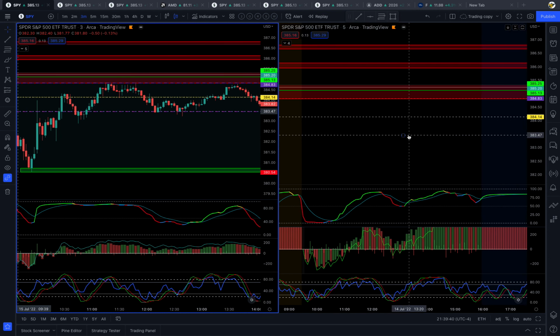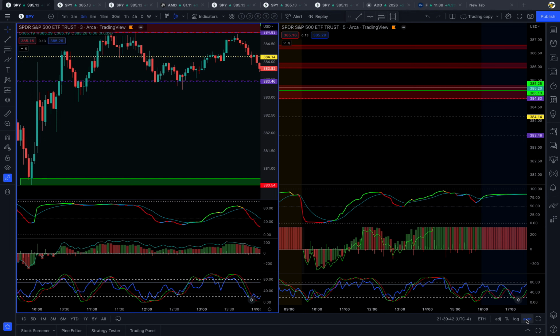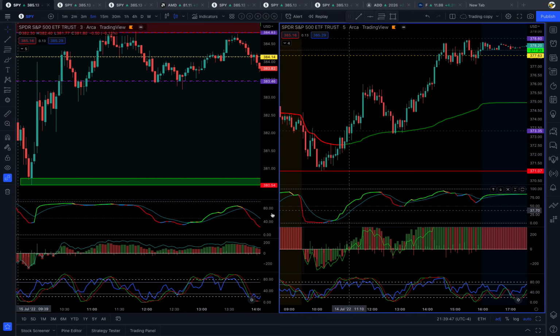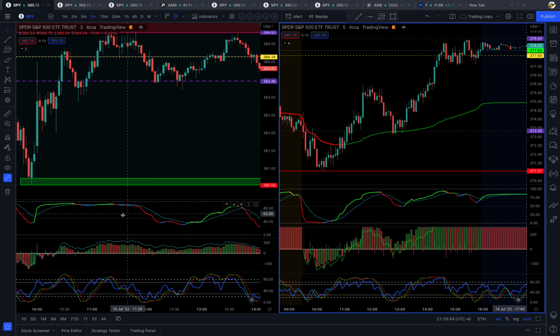The reason why I do that is because of the RVSI, that's this line here. The next one is the weighted and unweighted graph, and the bottom is the RSI and the stochastics.